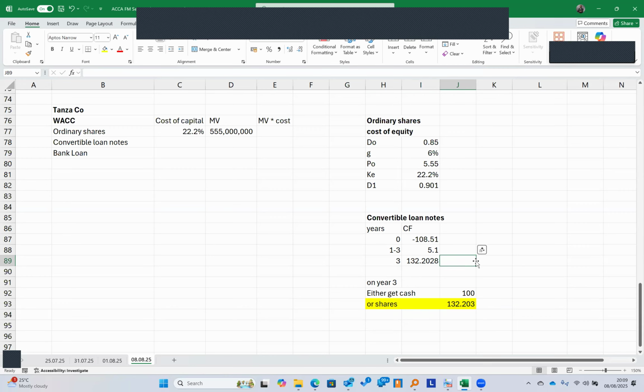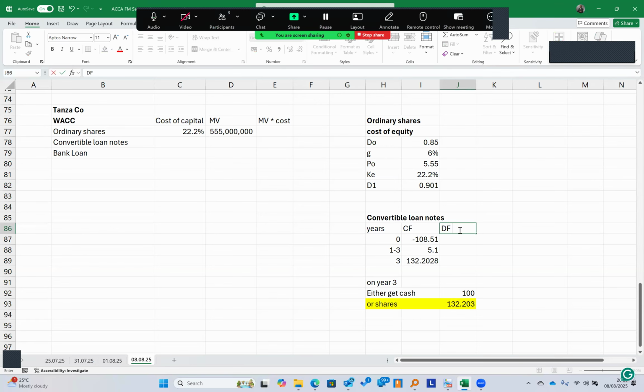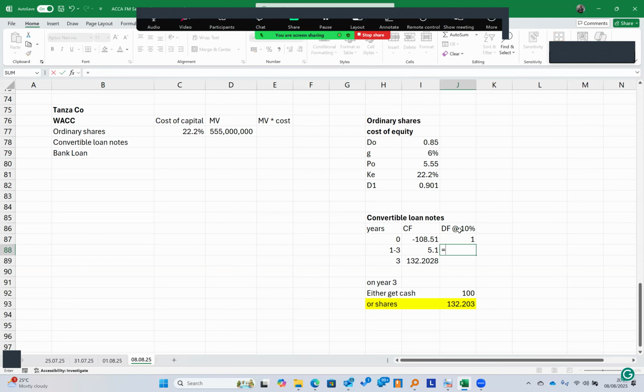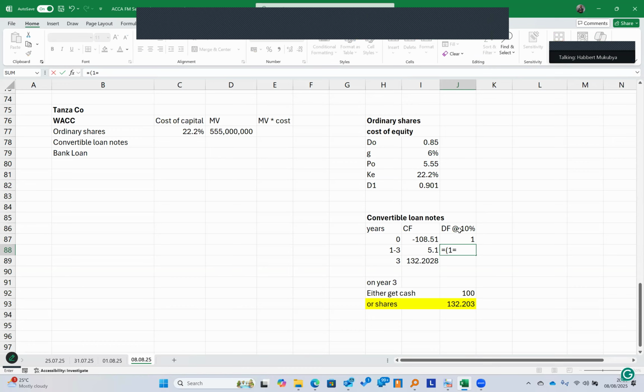So now we have our cash flows. As we said yesterday, we can start from 10% discount factor at 10%. So this is 1 here. This is an annuity. 1 minus 1 plus 10% to the power minus 3, divided by 10%.